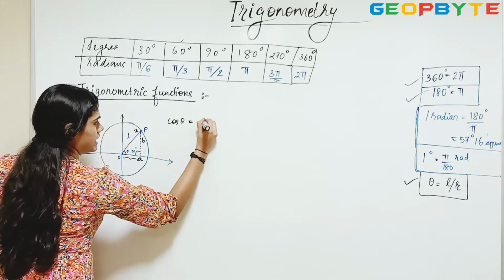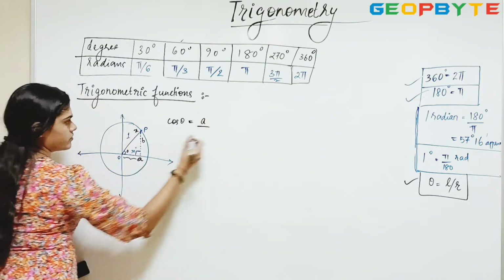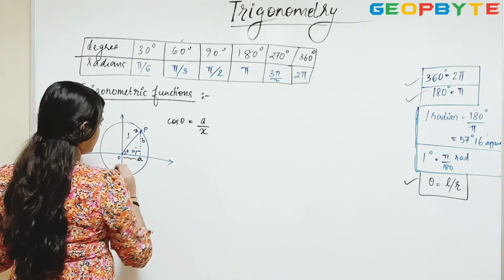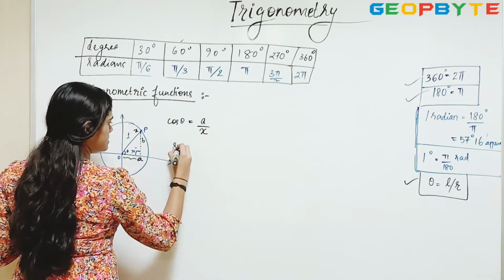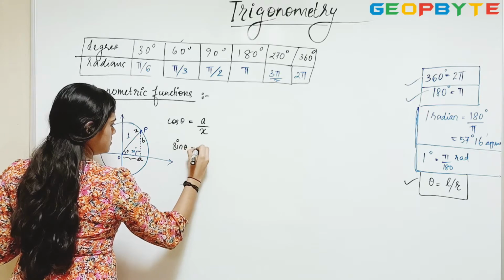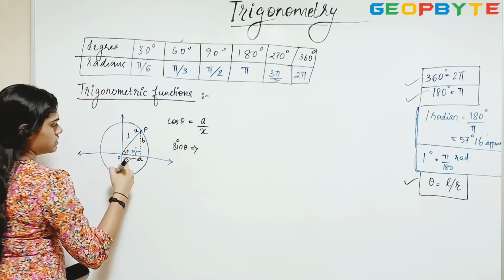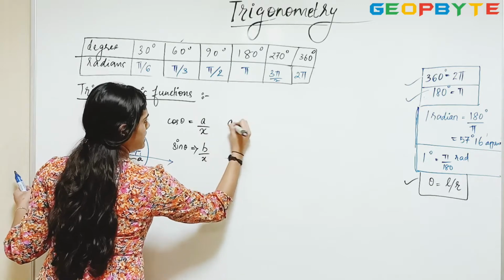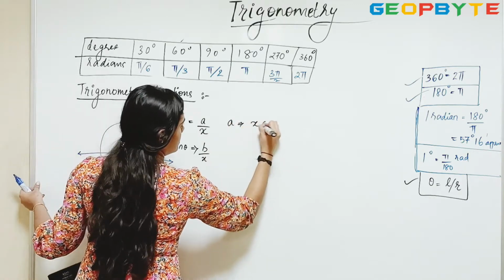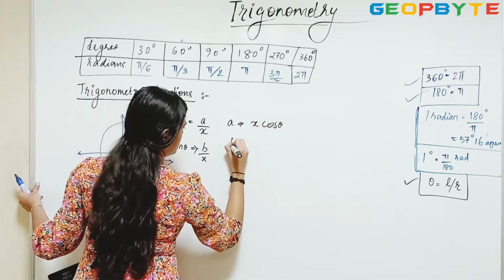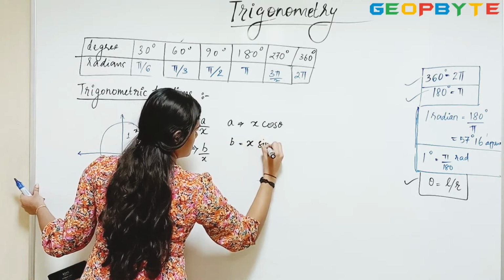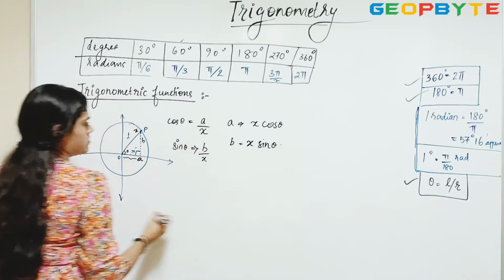That will be a divided by x. No? And what will be my sin theta? Opposite side by hypotenuse, b by x. So a is equal to x cos theta, and b is equal to x sin theta.